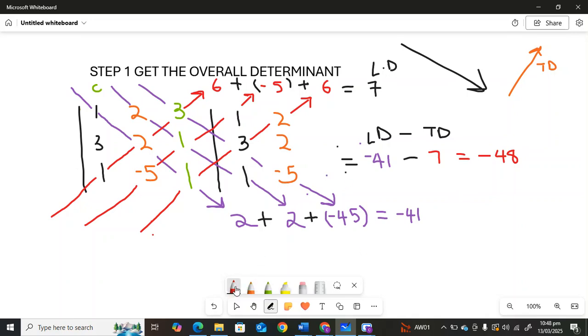This is our determinant. So this is our first determinant, negative 48.